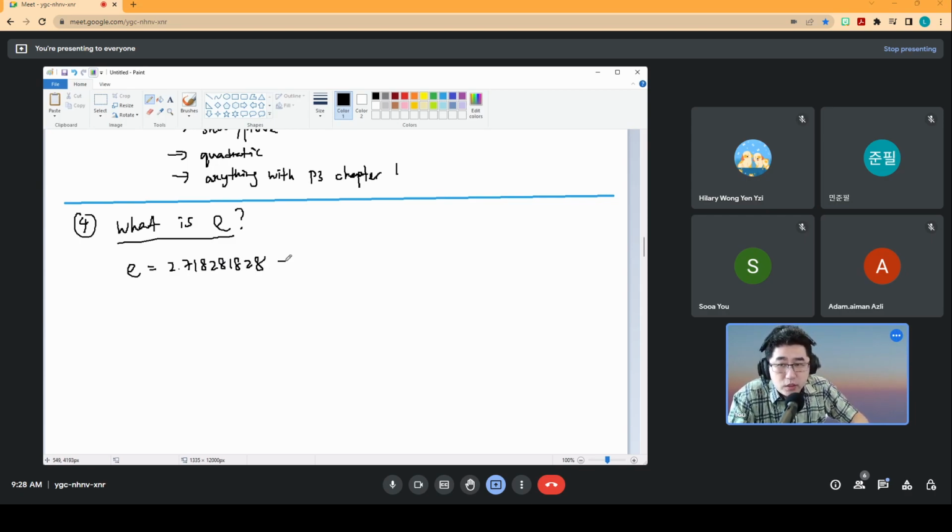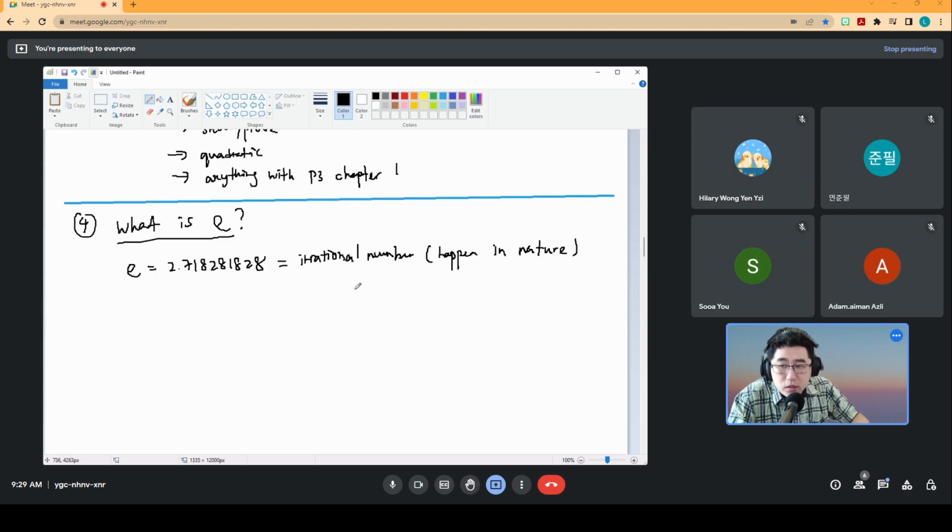This value is an irrational number that actually happens in nature. That means in our real world, there are a lot of things that are actually related to e.